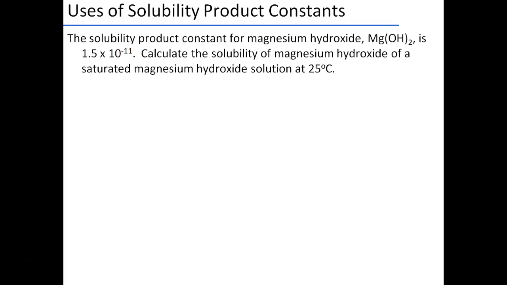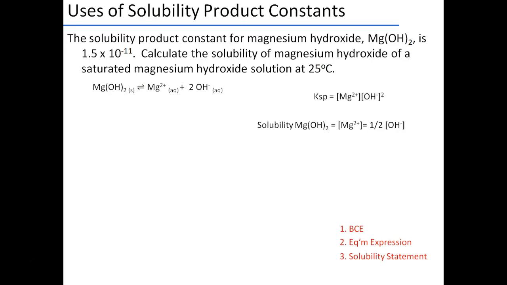If we know the Ksp value, we can go the other way and determine the solubility or concentration of the ions at equilibrium. So just like before, first step, we write our balanced chemical equation, our equilibrium expression, our solubility statement.